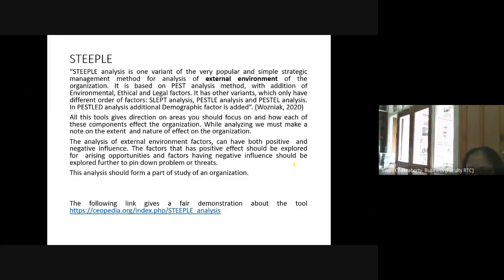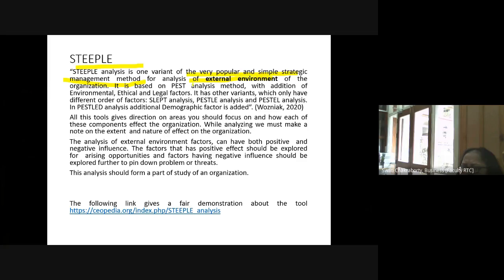Next that we have is STEEPLE. STEEPLE analysis is a very popular and simple strategic management method. It's used for analysis of the external environment of the organization.